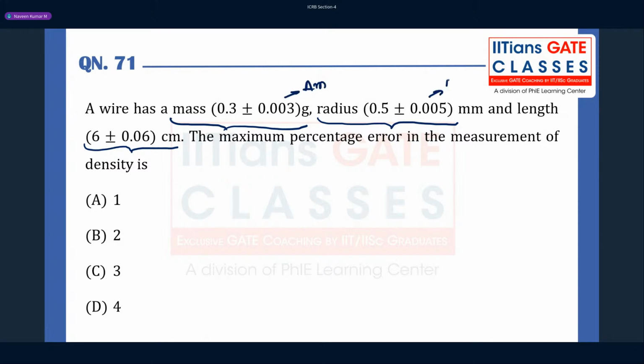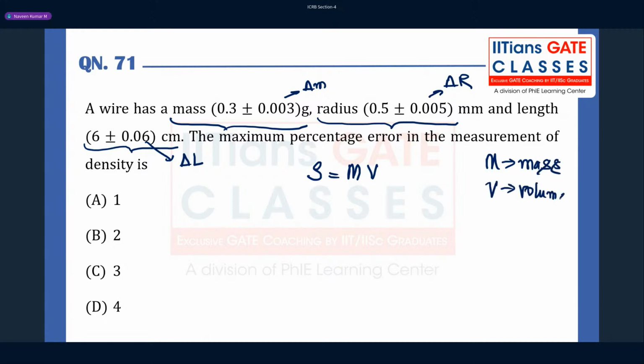This is delta r, change in radius, and this is delta L, change in length. Maximum percentage error in the measurement of density is asked. So what is density? Density is mass by volume. M is mass, V is volume.